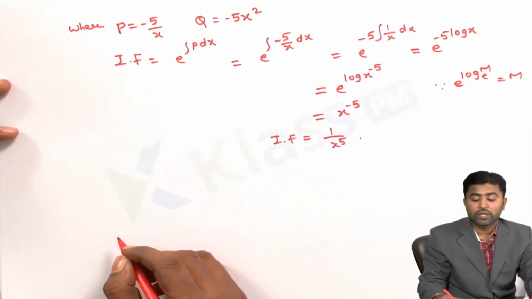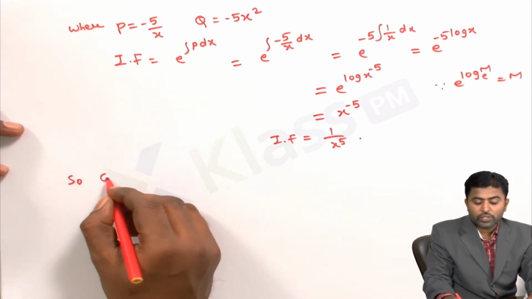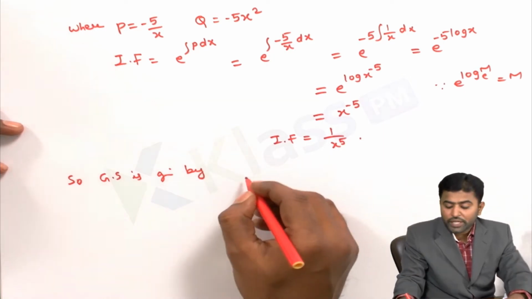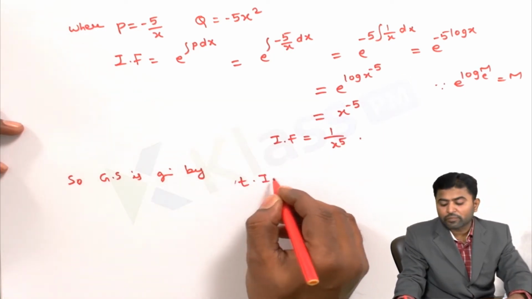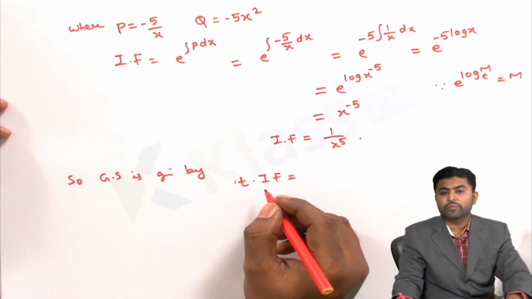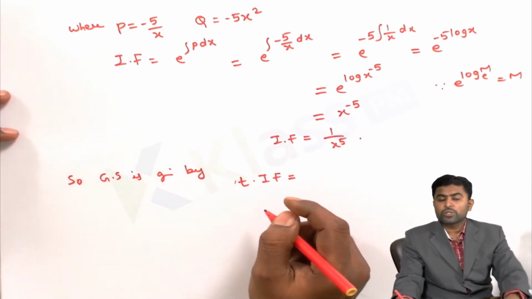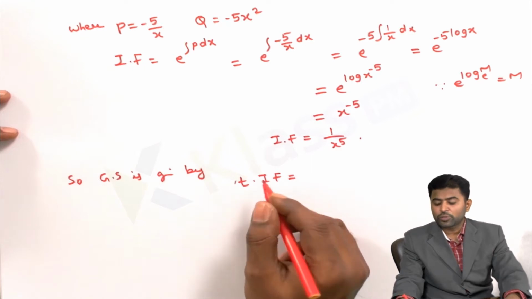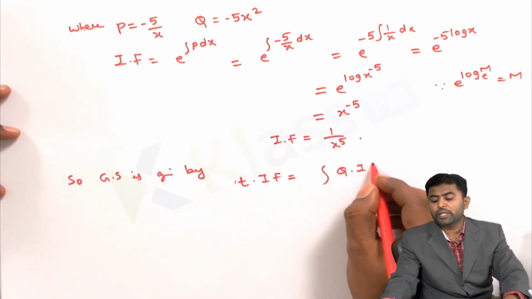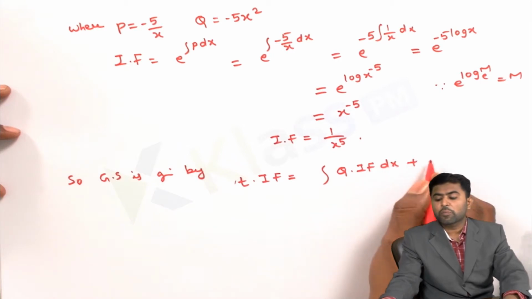So the general solution is given by t into integrating factor, because the differential equation we obtained is in terms of t, right? So the solution will also be in terms of t. So t into integrating factor is equal to integration of q into integrating factor dx plus c.